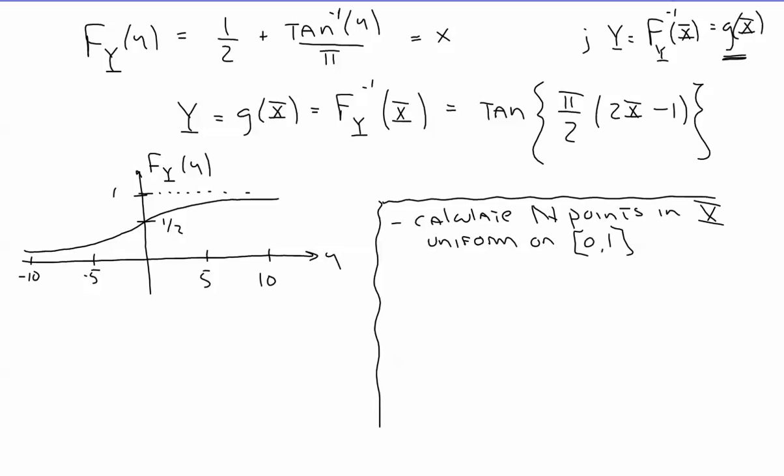I'm going to use the rand function in MATLAB to calculate those uniform data points on 0 to 1. All right. I'm going to put those n points in X into my transformation function.